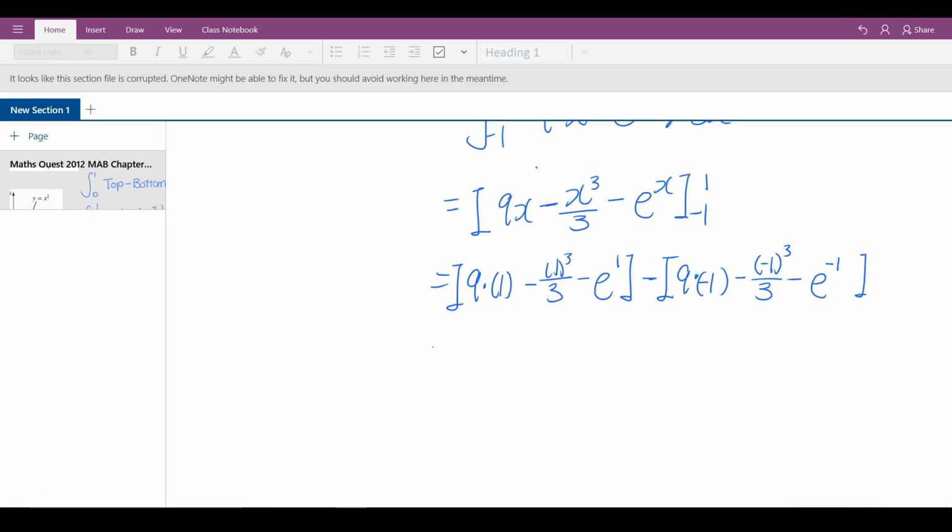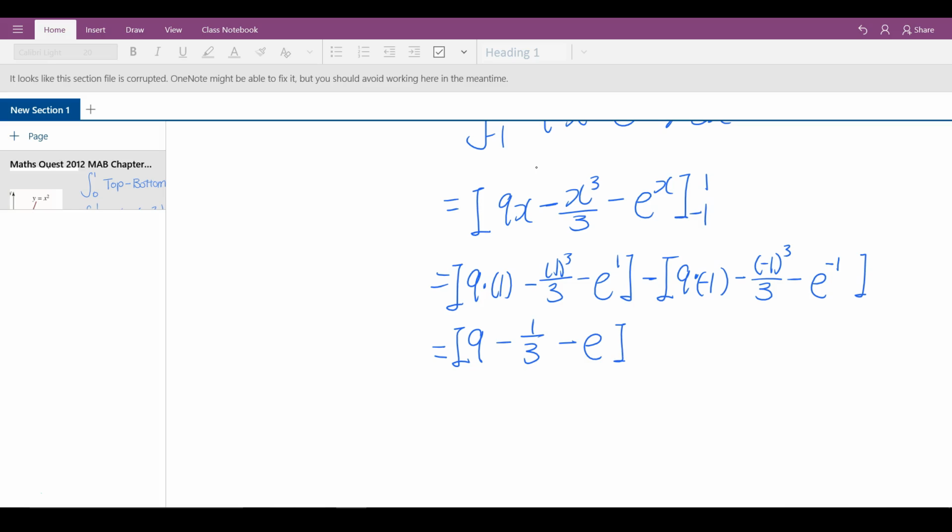So 9 multiplied by 1 is 9. 1 cubed is still 1, so minus 1 over 3, minus e to the power of 1 is just e.